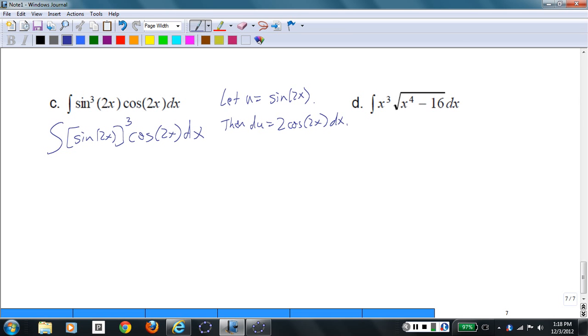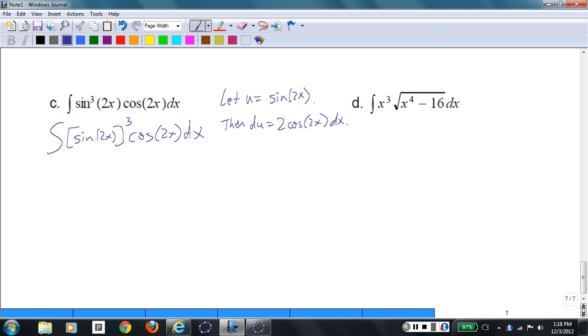Now, I need two things. I need the u, so that's no problem. This is going to be the u. But I also need a 2 cosine 2x. And it's a little bit trickier in this case than it was in the previous case, because there's not like a 2 in the way that I can just drag out in front. There's nothing there. I need a 2 there. So here's where I make out my Christmas wish list.